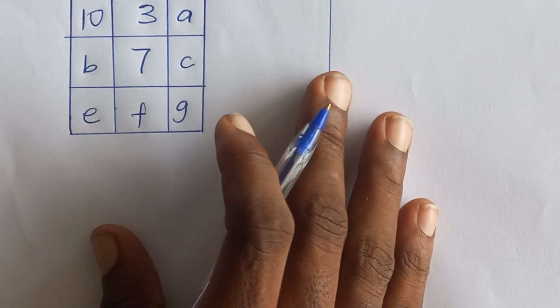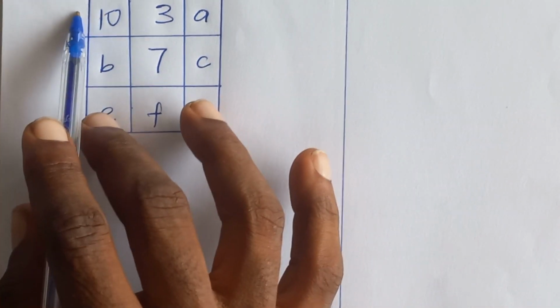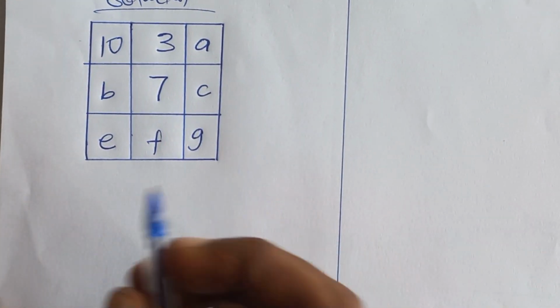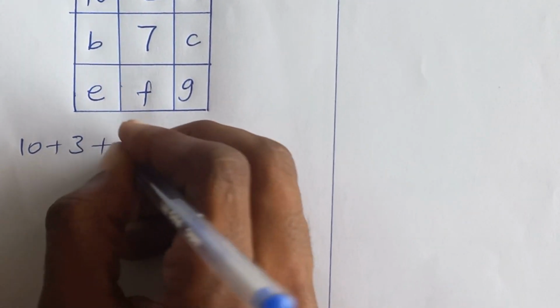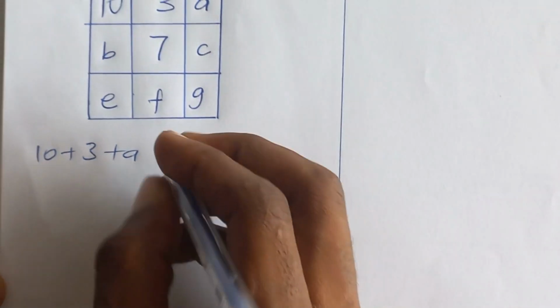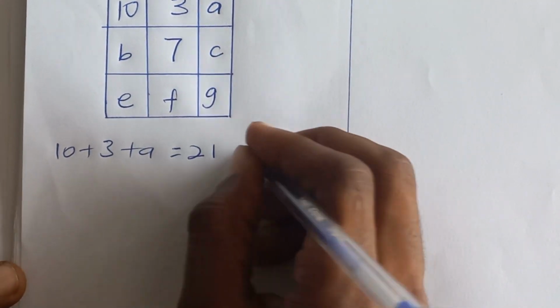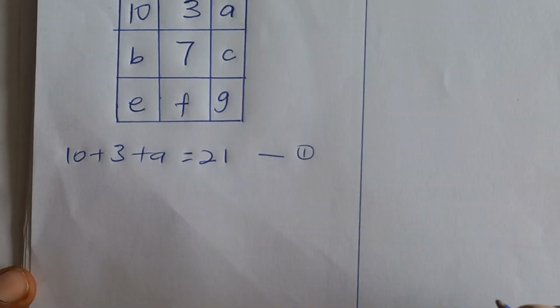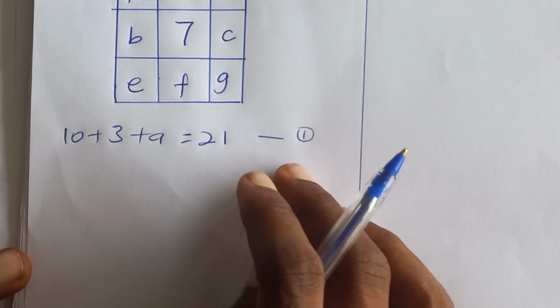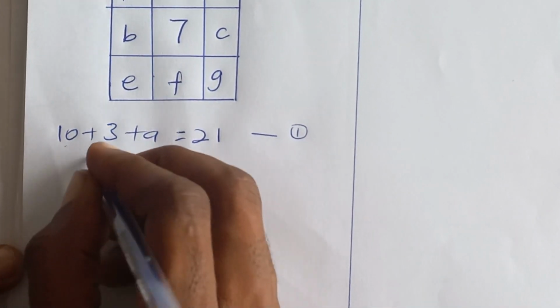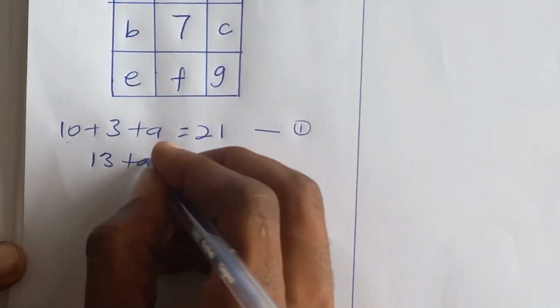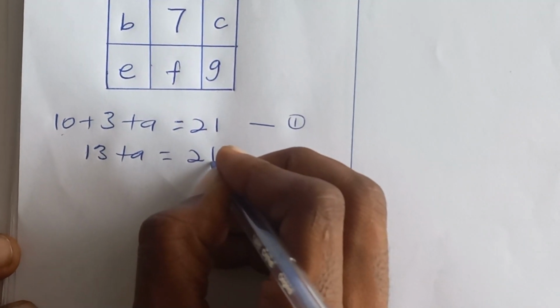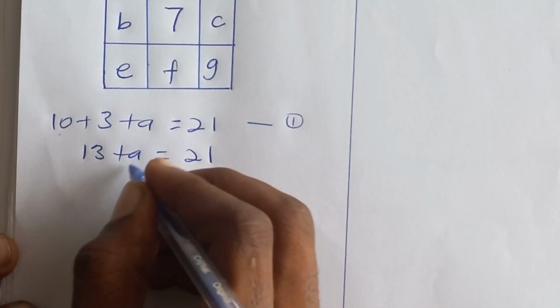So in this case, let's start from the first row. We have 10 plus 3 plus A, and we say that it should be equal to 21. So let's say equation 1. By this, we can solve it straight away. So 10 plus 3 is 13, plus A is equal to 21. We try to make A the subject.